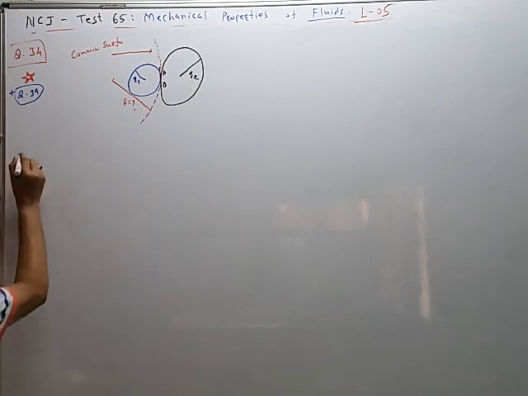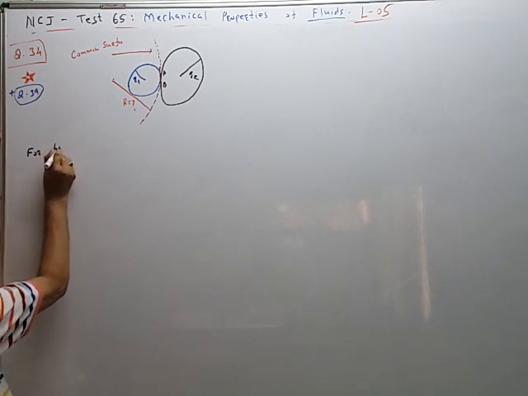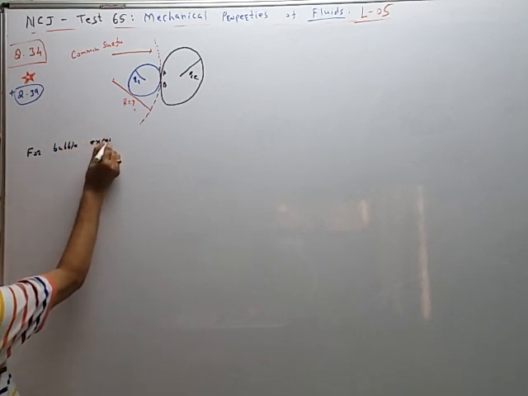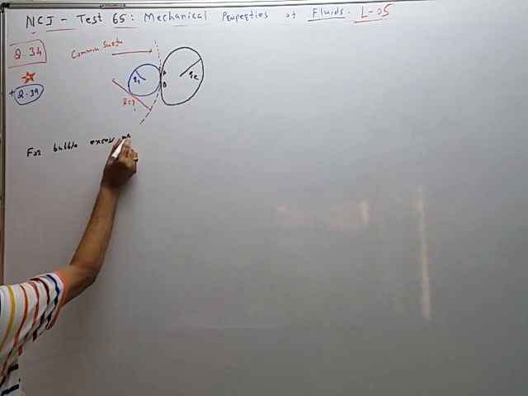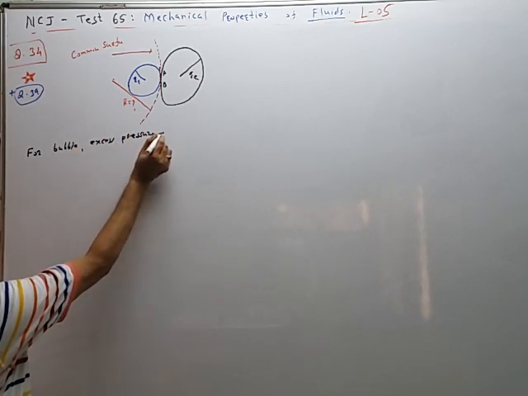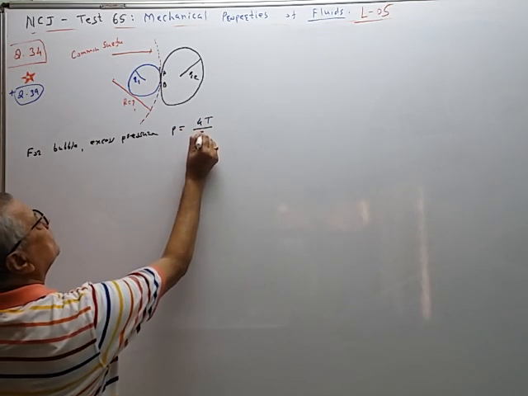So for a bubble, excess pressure P is equal to 4 times T upon small r.